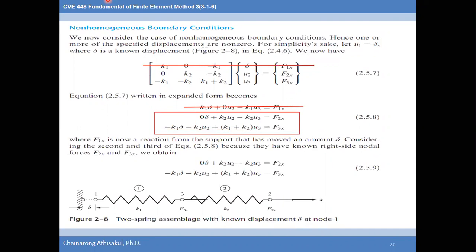And in this equation, we cannot eliminate the term that is multiplied with delta, because delta is not equal to 0. So we have to keep it. So let's consider this equation. We have this term, minus K1 delta.